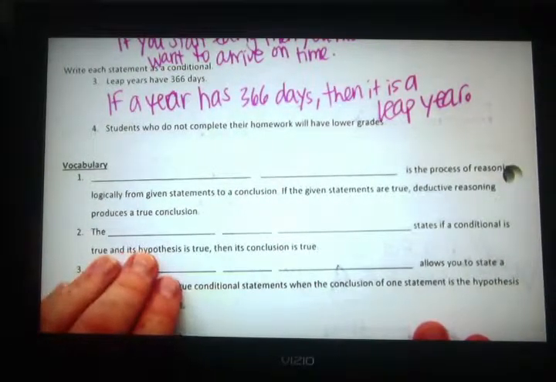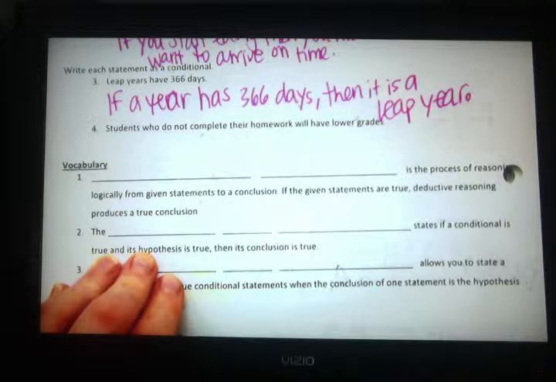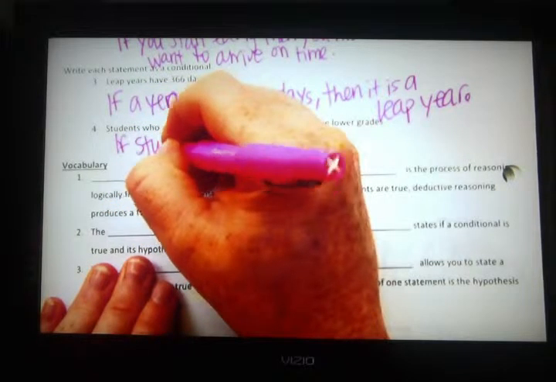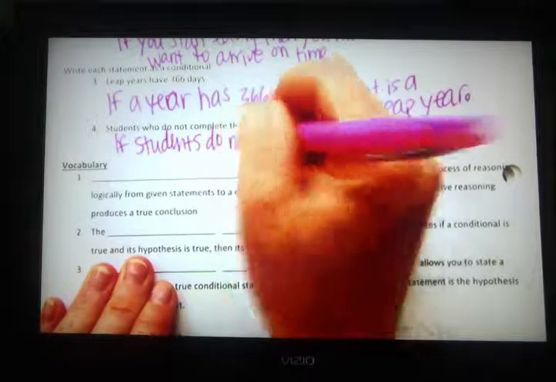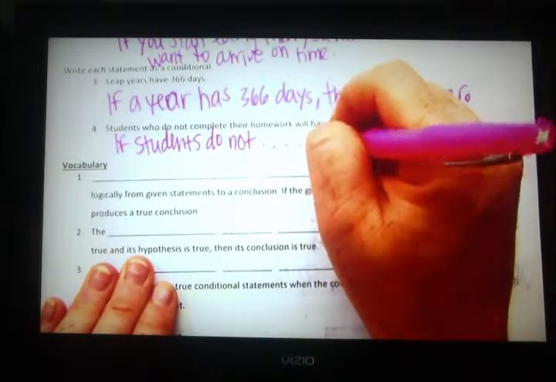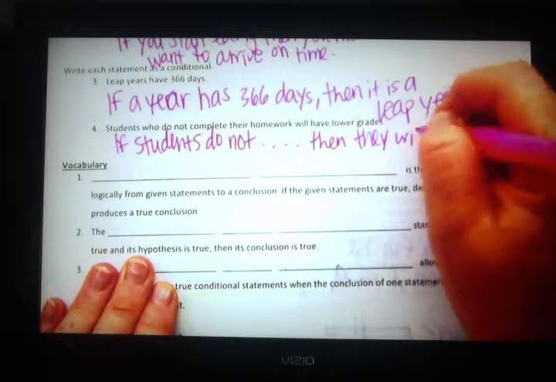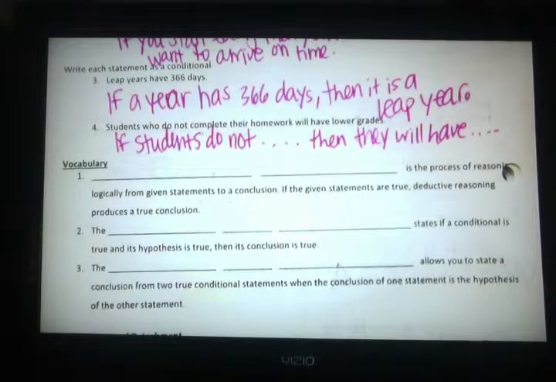You should say, if students do not complete their homework, then they will have lower grades. Okay? Got it. Hopefully you got those right. If you didn't, you really understand what's going on here with converse and conditional.